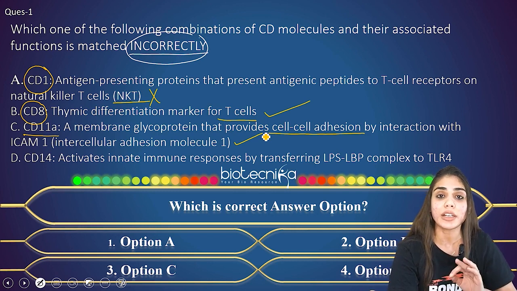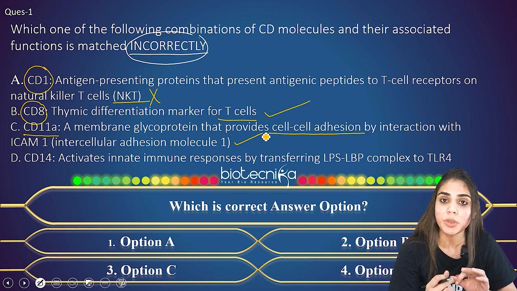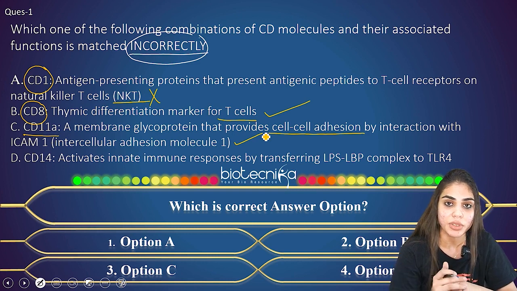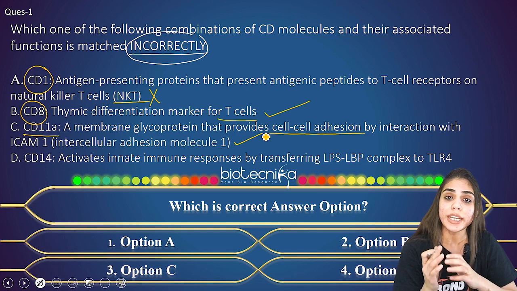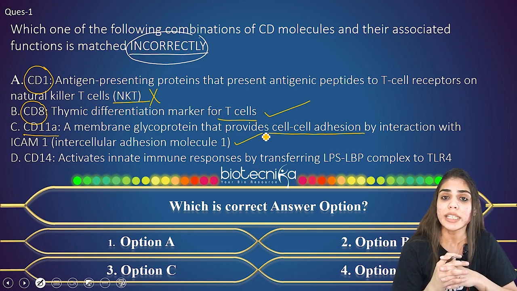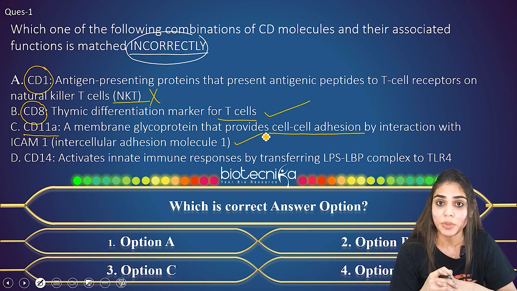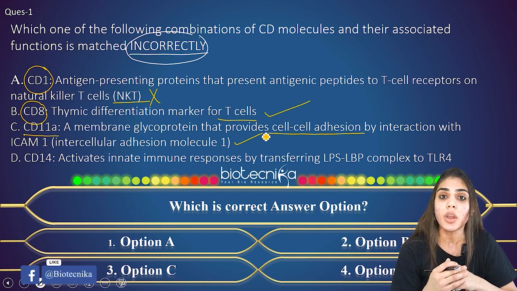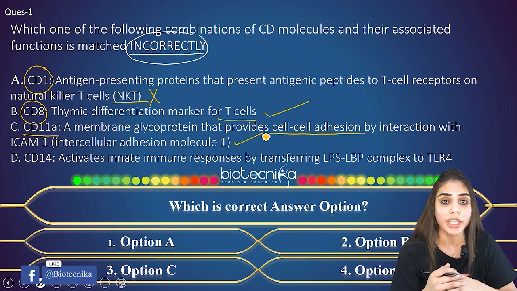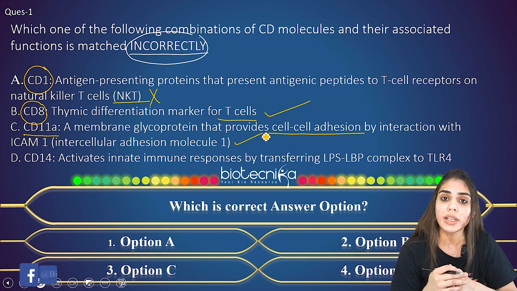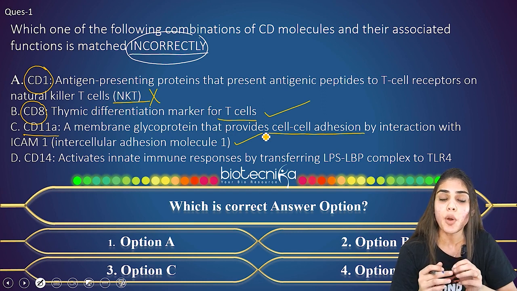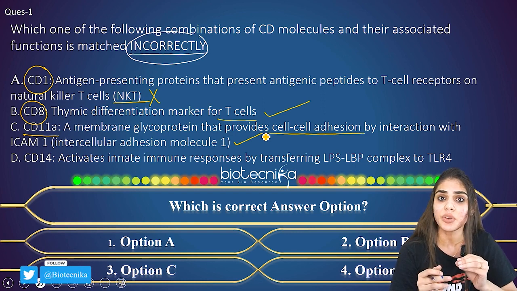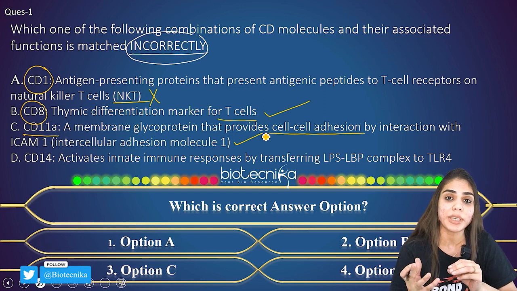Now we know that there are two types of immune system, innate immune system as well as adaptive immune system. But how does the innate immune system actually work? The innate immune system has TLR, that is toll-like receptor, that identifies all pathogen associated molecular patterns. Out of all these PAMPs, one is lipopolysaccharide, that is a characteristic feature of gram-negative bacteria.